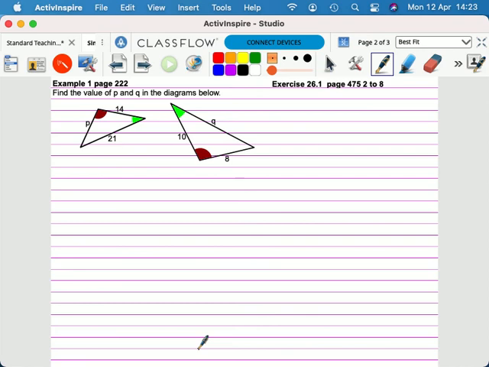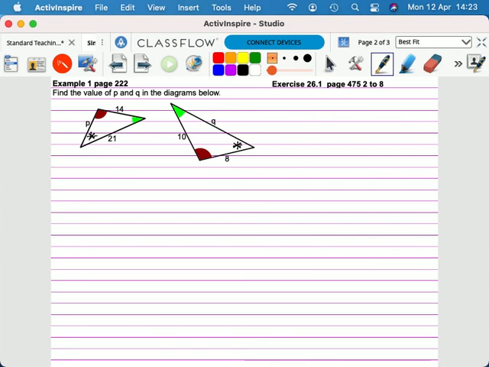You're told that the green matches the green. So we now know that this angle here, because it's the third angle in a triangle, must match this angle over there. And the question quite clearly states, find the value of P and Q in the diagrams below.